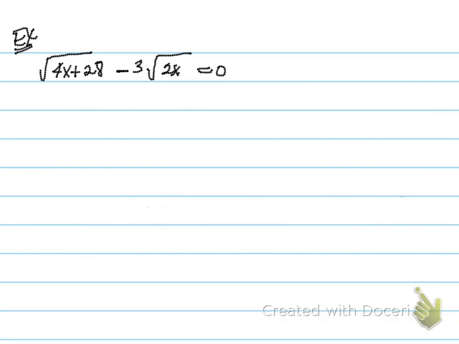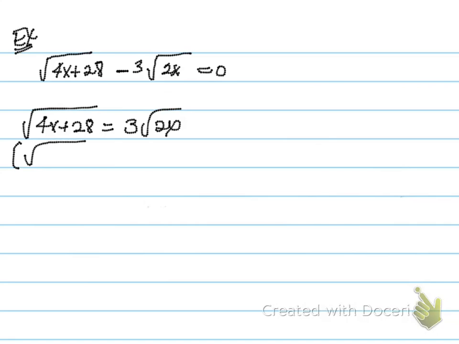I think moving the negative 3 the square root of 2x to the right is the quickest thing to do. Once you've done that, you're going to square each side.